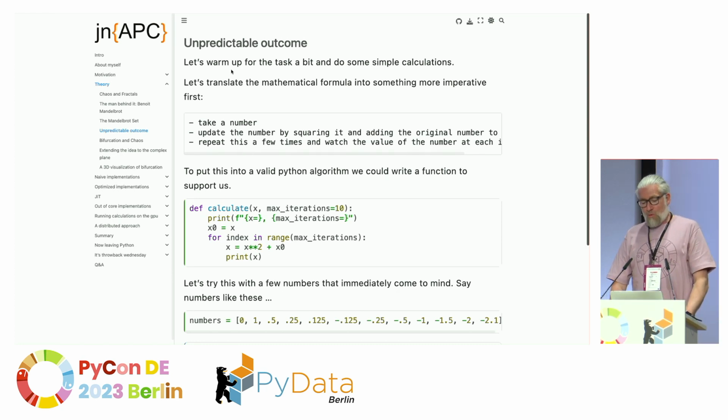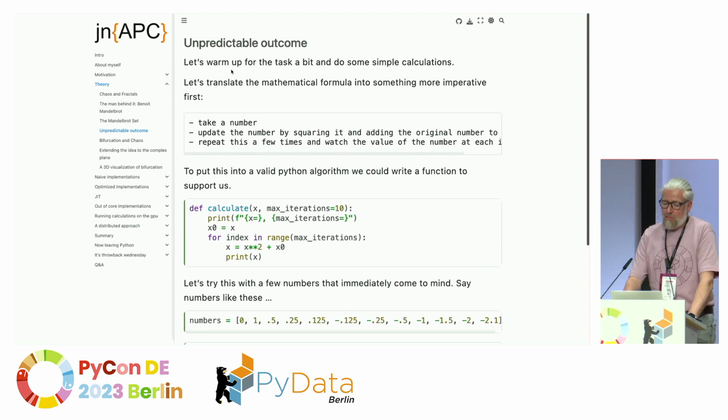Well, if you want to iterate that formula, maybe in your head, then it says, take a number that comes to your mind and update that number by squaring it and adding that original number to it. Repeat it a few times and see where everything goes. So let's do that. Write a little Python function that supports us, call it calculate, be a bit responsive. All it gets are 2 parameters. One is that number that we are thinking of, and we will limit things a bit when we're starting it, depending on what might be going on.